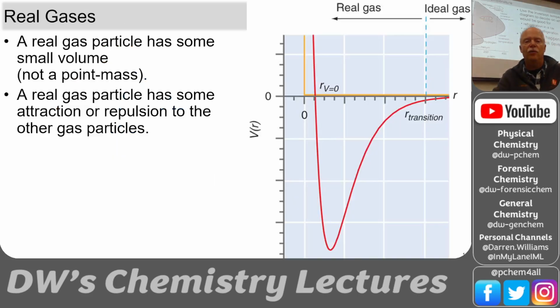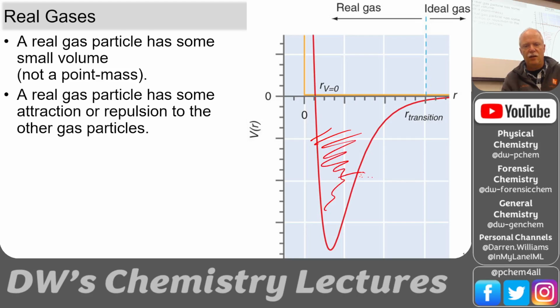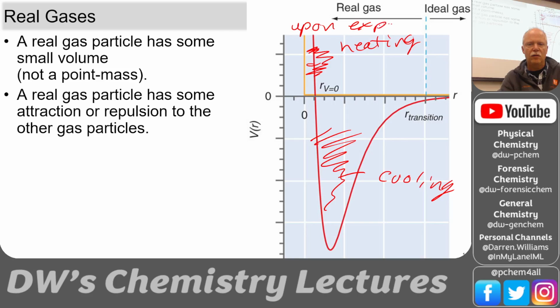The way to understand this is this. So this is the cooling region. When molecules are down in this area, cooling. When molecules are up here in this area, heating upon expansion. Right?